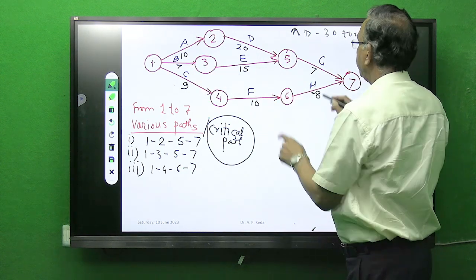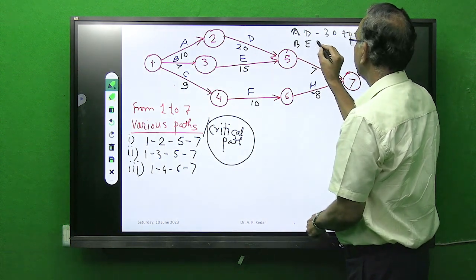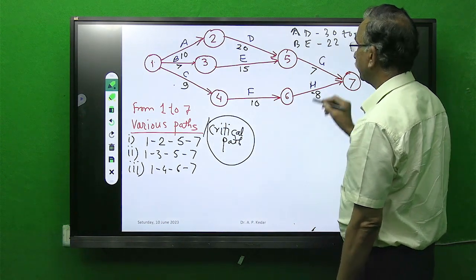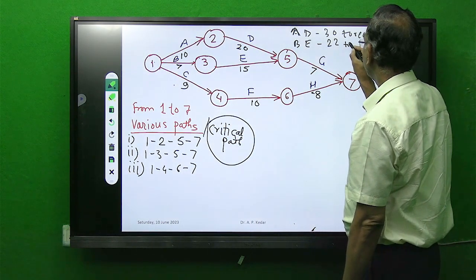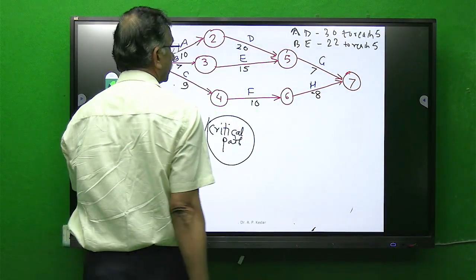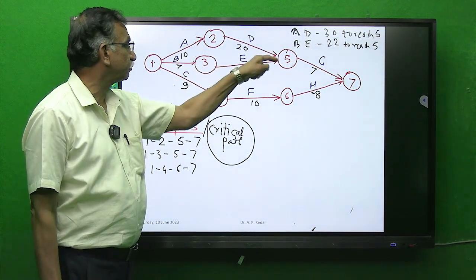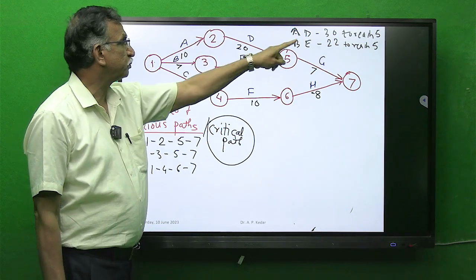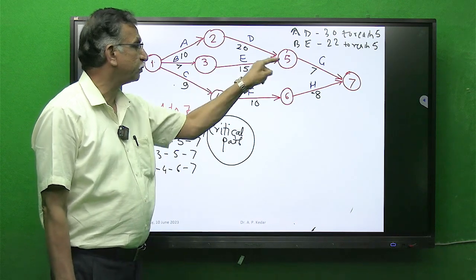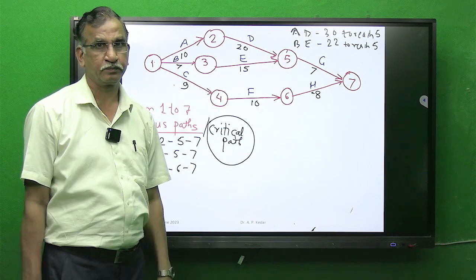By the B, E activities I take 7 plus 15, 22 days to reach 5. Very important aspect. Now the problem is, by this 1 to 5 route, it takes me 30 days to reach 5. By the BE route, it takes me 22 days to reach 5.